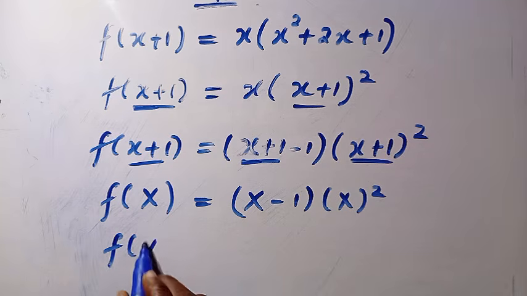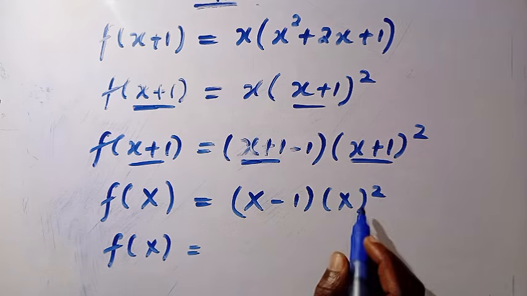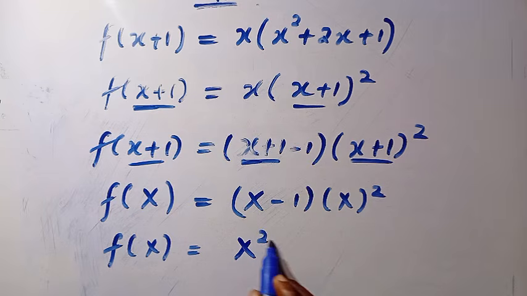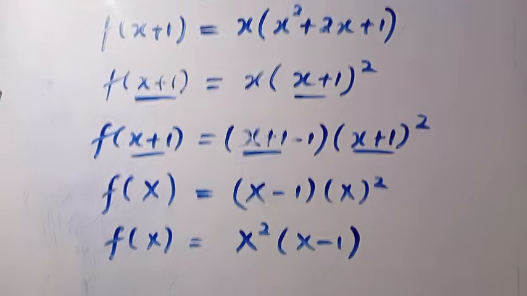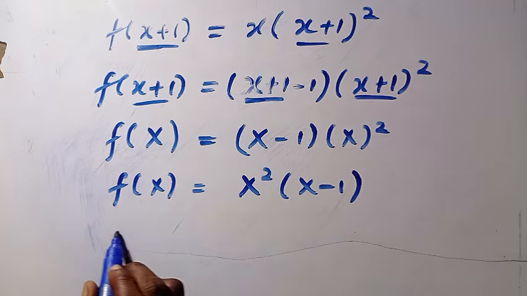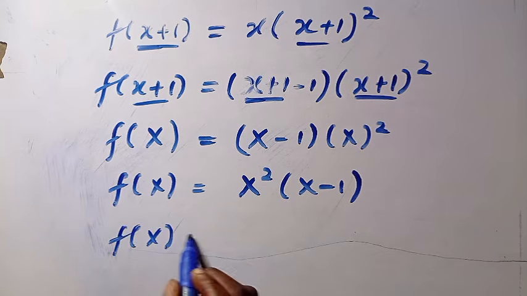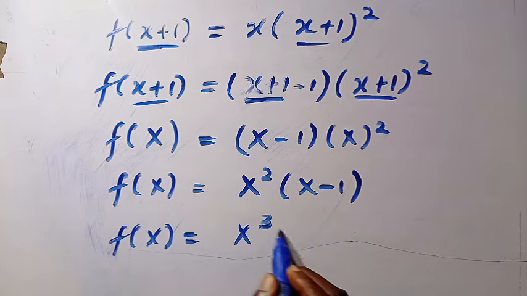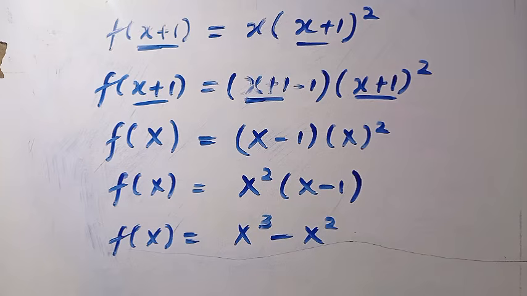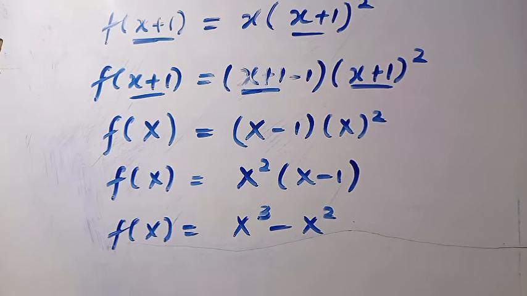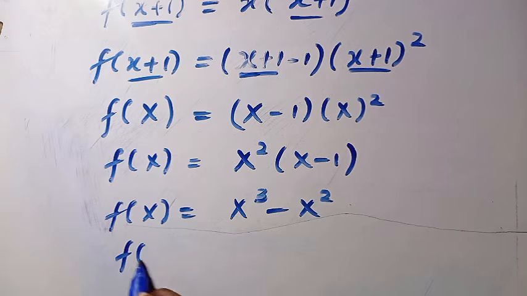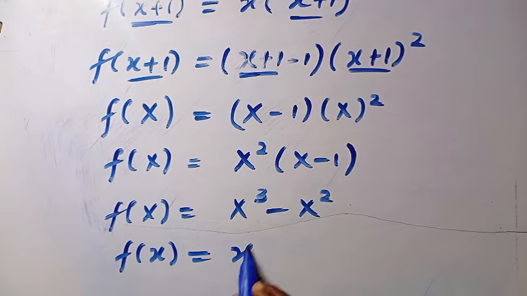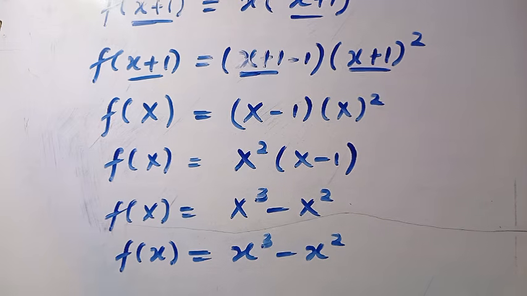Here f of X equals X squared multiplied by X minus 1. Opening this bracket, f of X equals X raised to the power 3 minus X raised to the power of 2. Makes sense? Then by changing this to small letter x, we have f of x equals x cubed minus x squared.